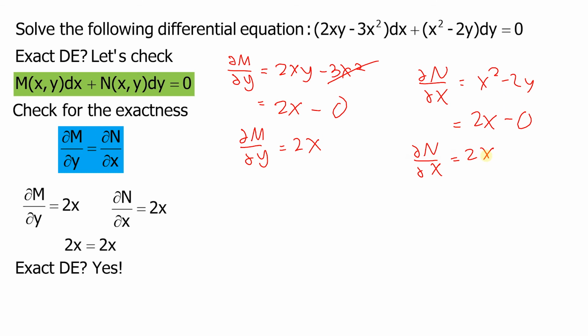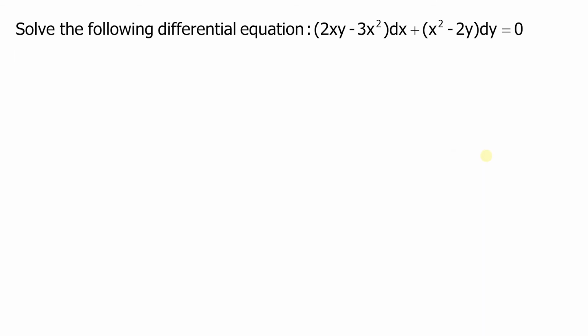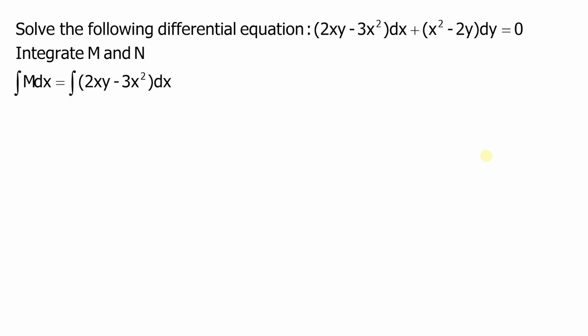So, kapag exact differential equation siya, ang next step is to integrate both M and N. So, integral of M dx. Naka-dx siya, meaning to say you have to treat x as your variable and your y as your constant. So, integral of 2xy, where y is the constant, is 2y times integral of x dx.